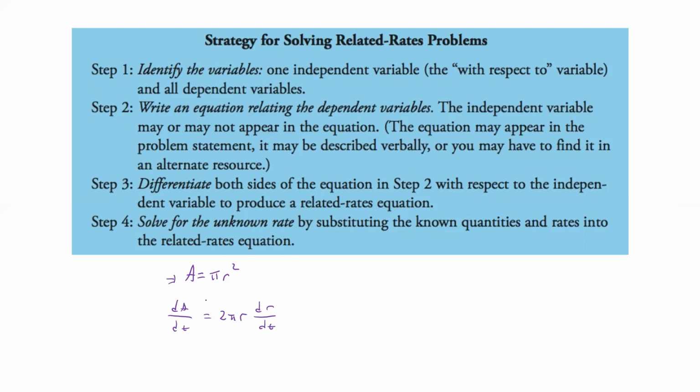Then we can use those rates here and solve for whichever one is the unknown. Maybe we know this one, we know r, and we can solve for dA/dt. What is the area changing with respect to time? How is that happening? And so we can find that, and that'll be how we can solve the problem. All right, so let's stop there, and then we'll come back with actual examples.